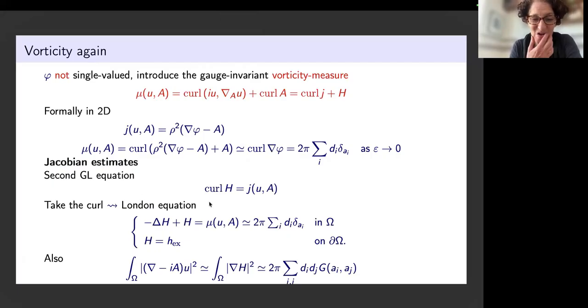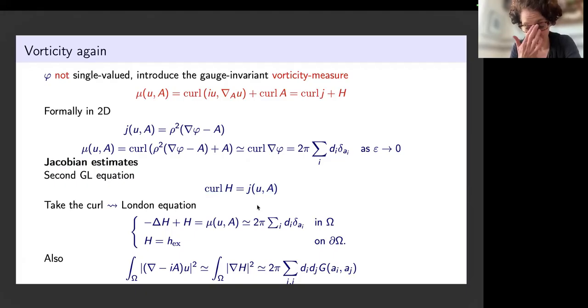Okay, so now we have the Ginzburg-Landau equations, and one of them is actually Maxwell's equation that relates the magnetic field to the supercurrent. So the curl of the magnetic field has to be equal to the current J. It's always like that.